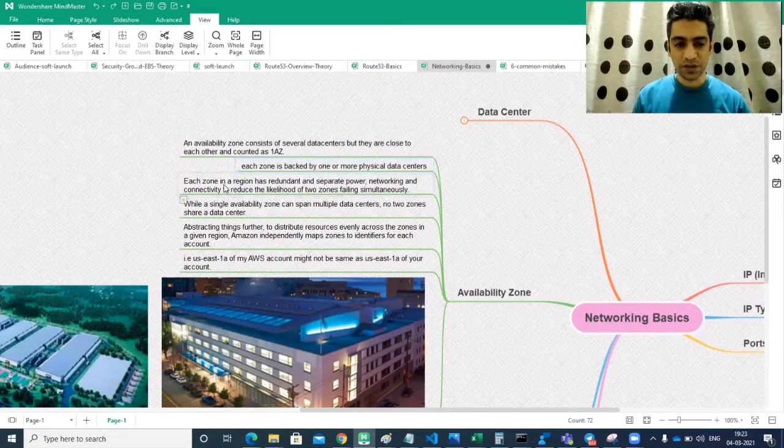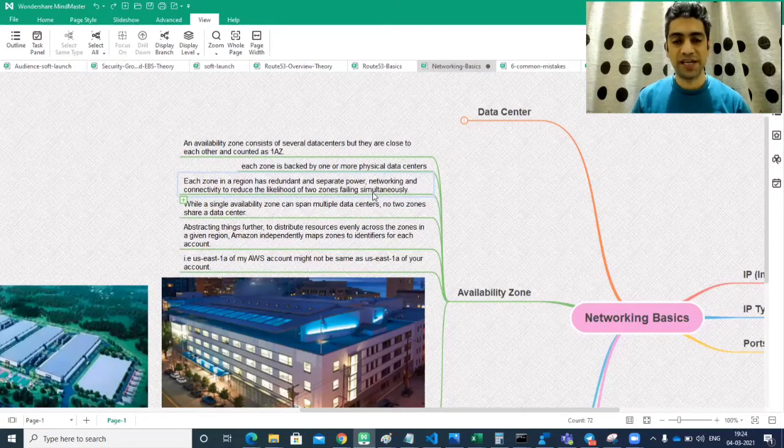Each zone in a region has redundant and separate power, networking, and connectivity to reduce the likelihood of two zones failing simultaneously. Let's take an example: there are three different data centers, which means three different physical locations. They are located close to each other and together form one AZ, or one availability zone. When I say they form one AZ, it doesn't mean they have a common source of power supply.